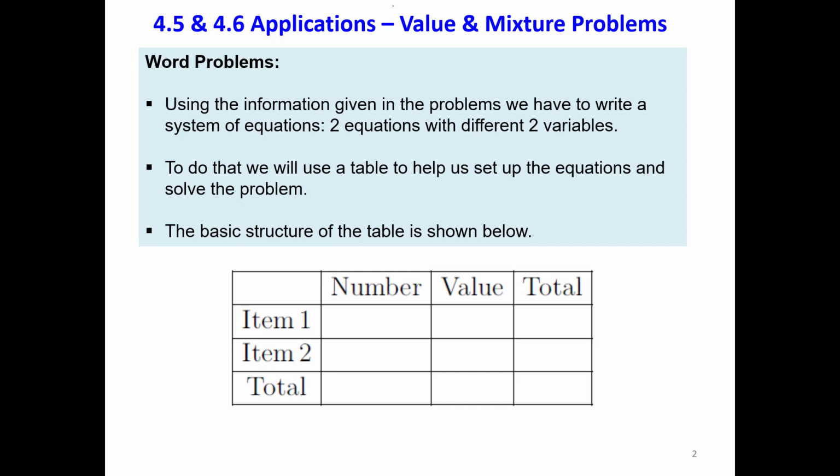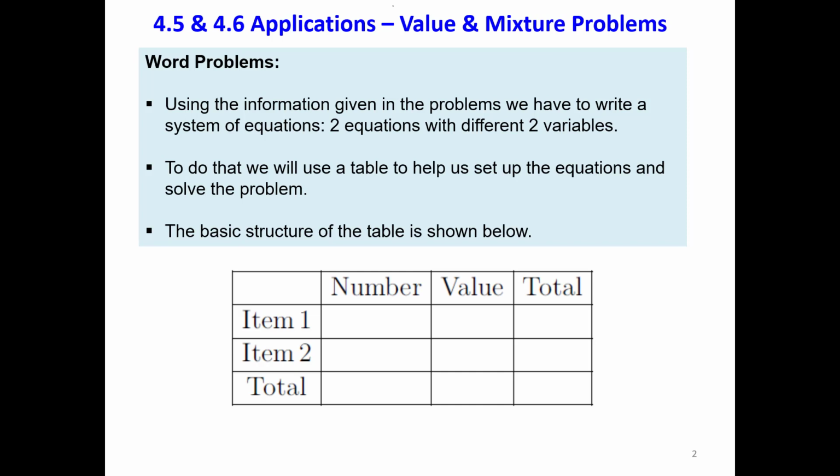But in these two sections, we have word problems, and we have to write the two equations with two variables, if needed, in order to solve the problem. In some cases, you need just one equation if you have just one variable.